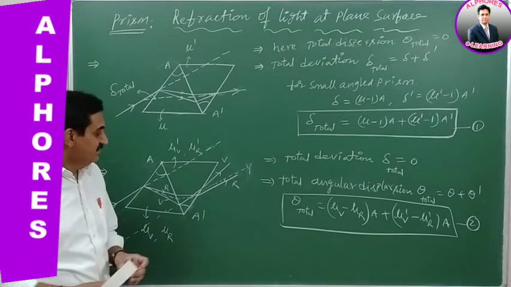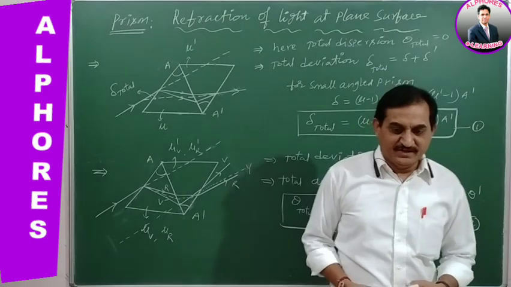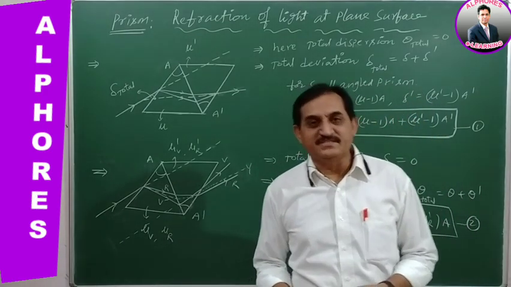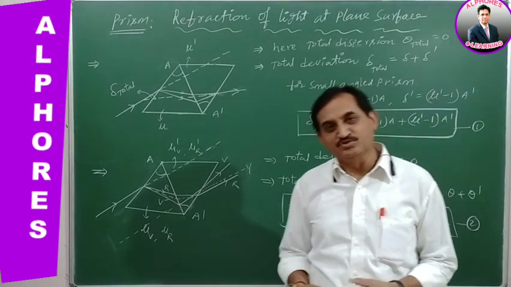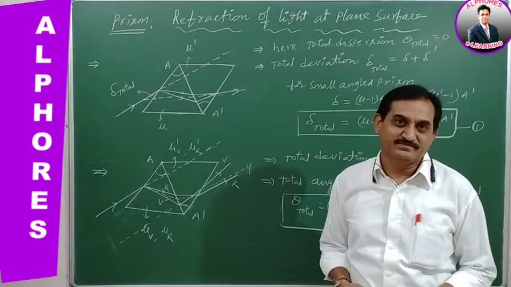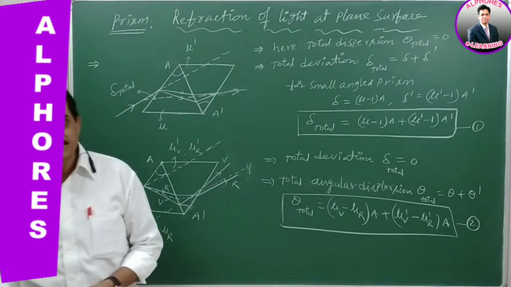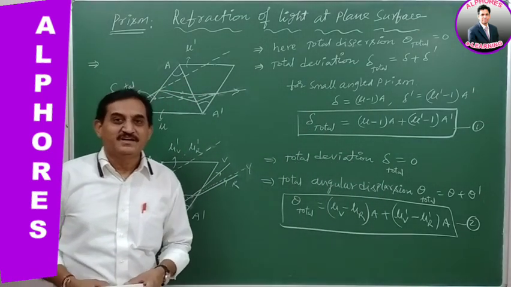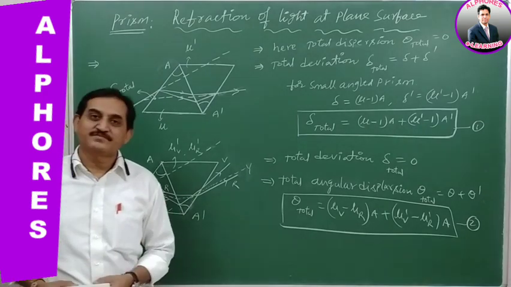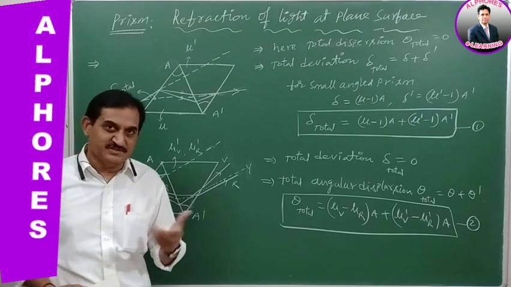Regarding dispersion of light and deviation of light, a prism gives both dispersion and deviation of light. When white light is incident on a single prism, it gives both results: one is deviation and the other is dispersion.